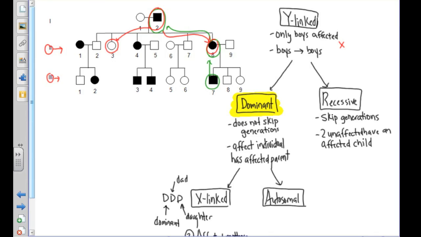Since our rule says that if a dad has it, all the daughters have to have it, it's not possible for this pedigree to show an X-linked dominant mode of inheritance. Because our first rule does not apply, we don't need to check the second rule. We can automatically rule out the pedigree to be X-linked, and therefore it is autosomal.